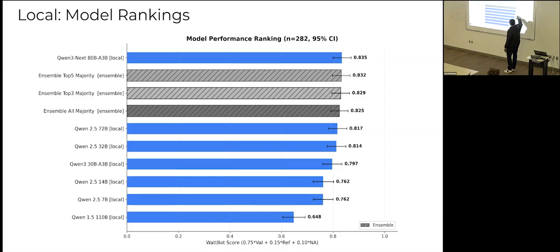And the overall accuracy drops as you go down. For example, the 1.5 performs the least, and the 2.5 models with smaller weights, smaller parameters, performed a bit less, but the more recent models are performing better. We also noticed that very performant individual models like the Qwen 3 next generation outperform the ones that are made from ensembles.